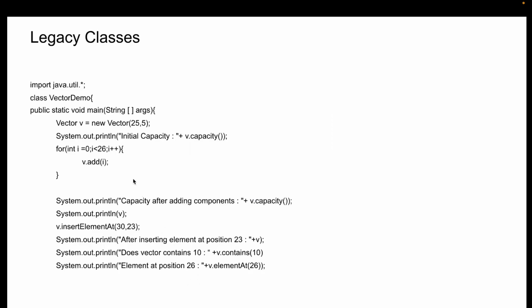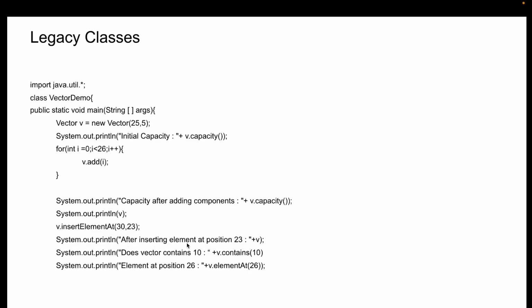Yeah. So for this vector, we are running a loop and adding elements in this. And then you can insert an element. Let's say you want to insert an element at some particular index. You can provide the index and the value you want to add.